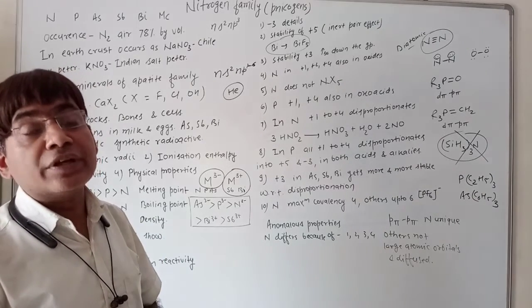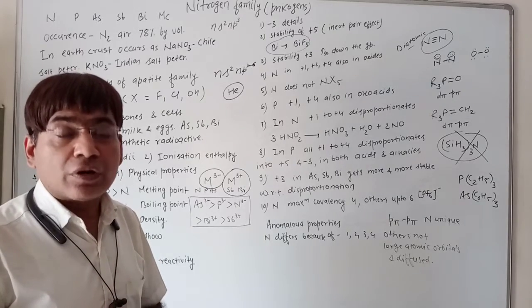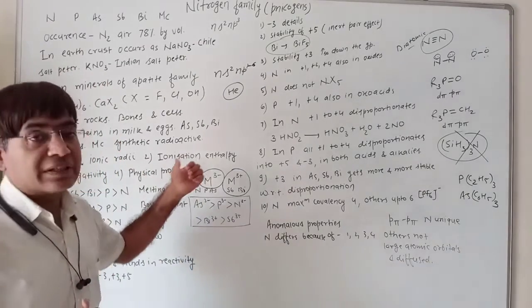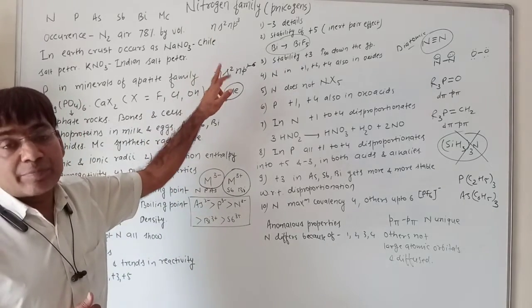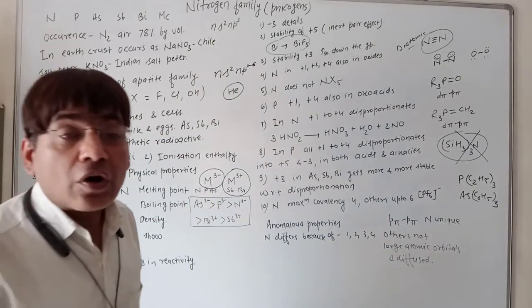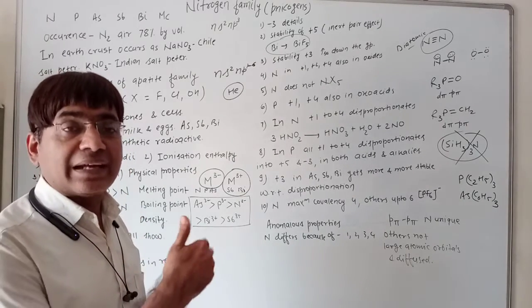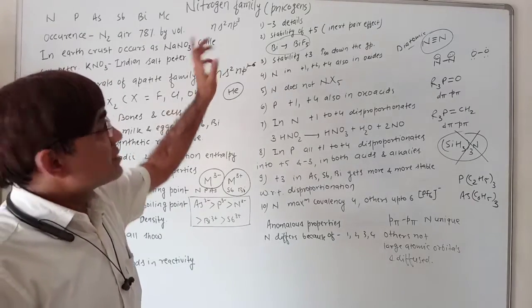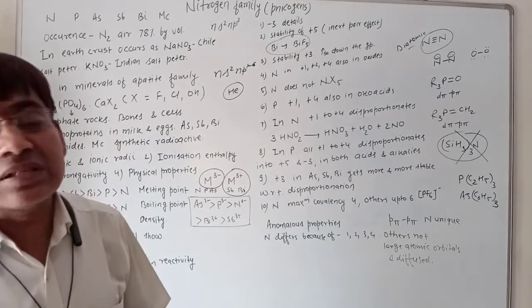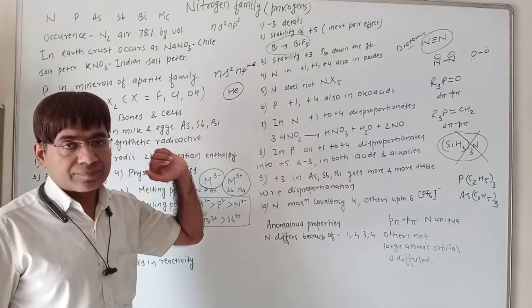But their ionization enthalpy is even higher than those of oxygen family members, which is quite unexpected, because oxygen family members lie on the right hand side of nitrogen family members. Still, ionization enthalpy of nitrogen family members is higher, and this is due to the stable electronic configuration.